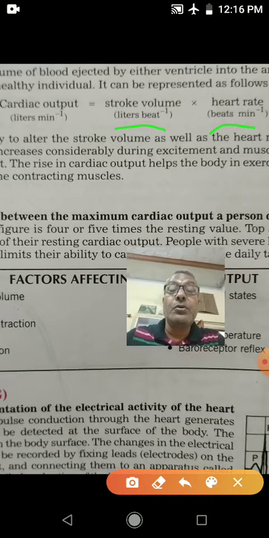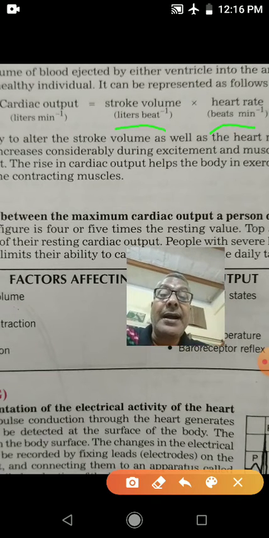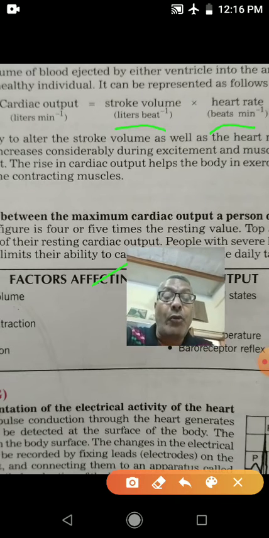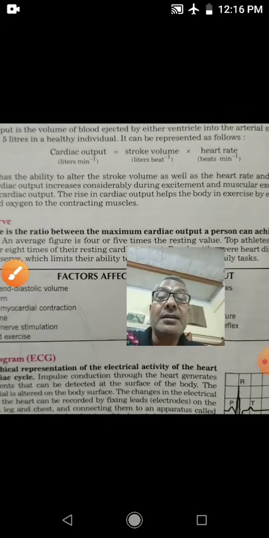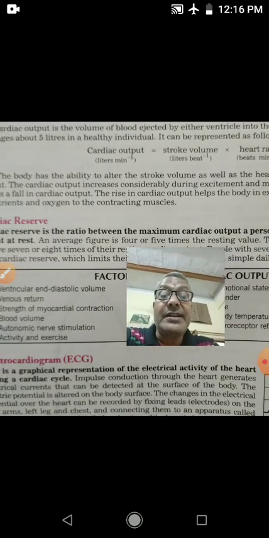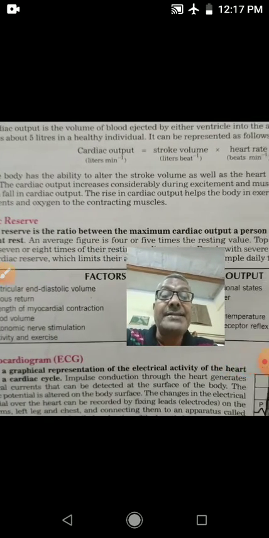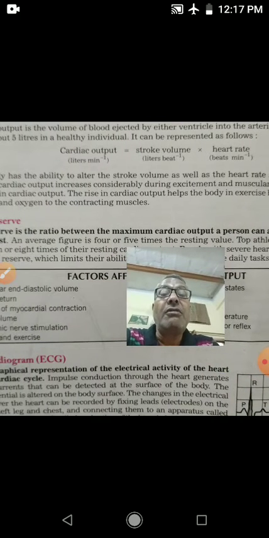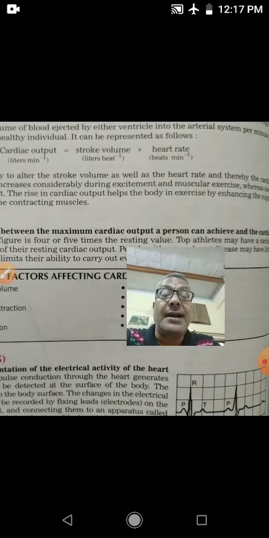So therefore we can calculate cardiac output. We know stroke volume is 70 ml. So we multiply 70 ml by 72, where 70 ml is the stroke volume and 72 is the heart rate. Then we can get the cardiac output.